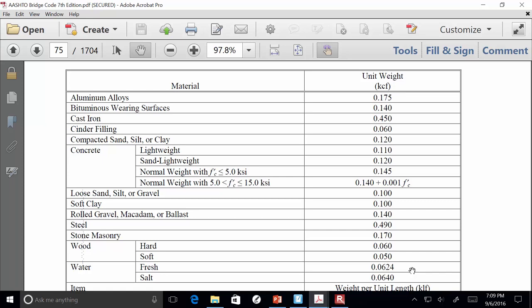When we deal with reinforced concrete, we tend to take this number and bump it up a little bit, to 150 or 0.15, and that accounts for the fact that reinforced concrete has concrete and rebar inside it. So we bump the loads up a little bit because there's rebar inside it. But if there's anything else that you're not sure of, just look it up here. All right. So far, so good.